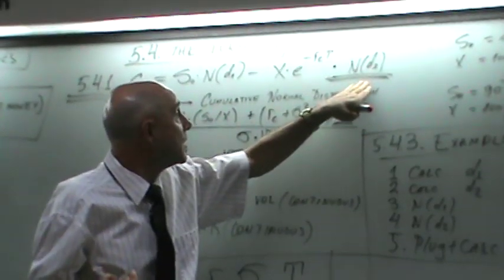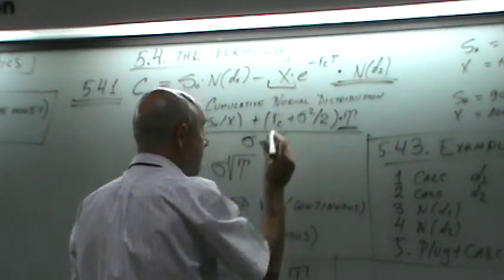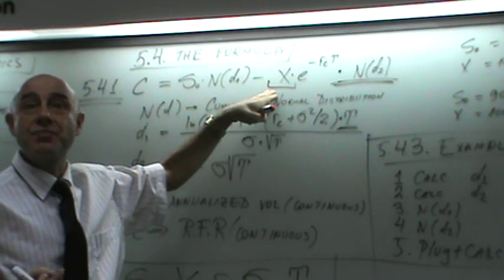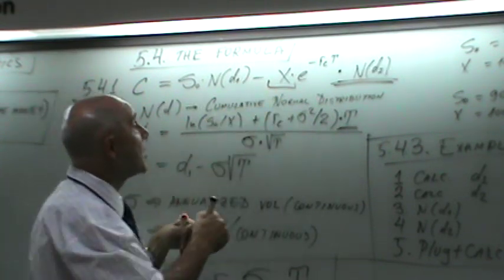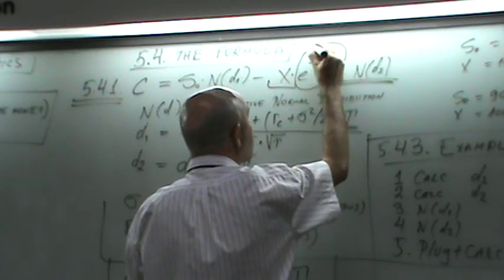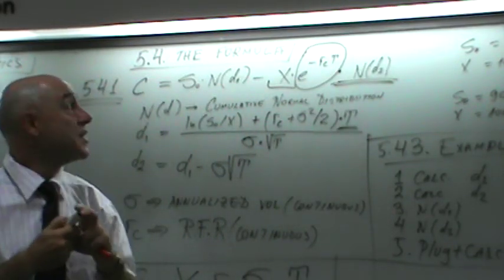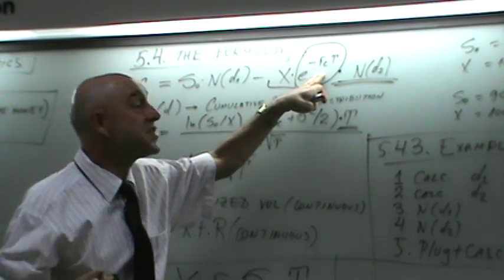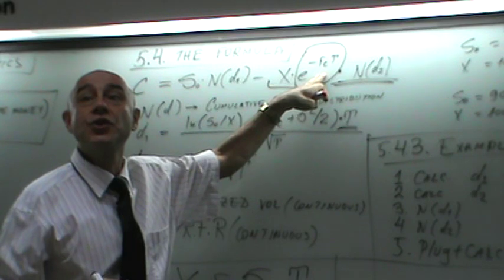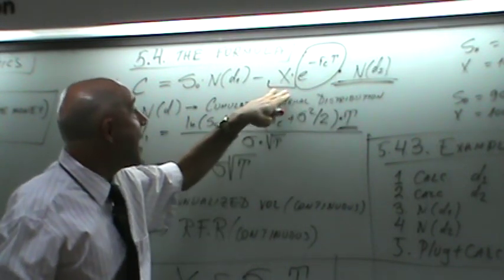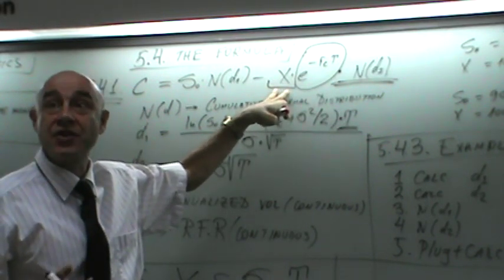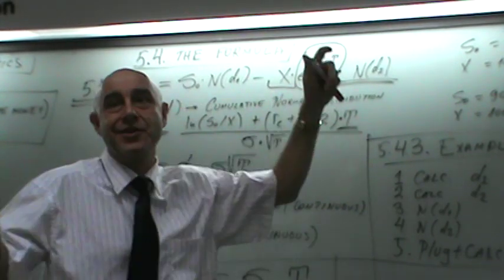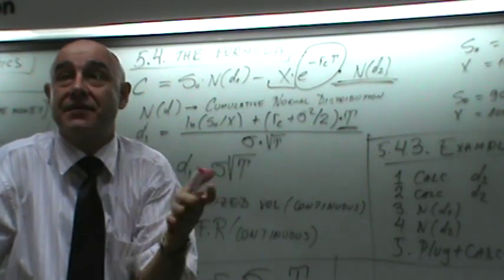That's the probability. Well, what is X? X is essentially the strike price. Okay? And what is this part over here? This part over here is the discount factor. So this is the conversion factor to present value. So, hey, I'm going to get that kind of money, let's say $100. The present value of the $100 will be, I don't know, $98 or $97.